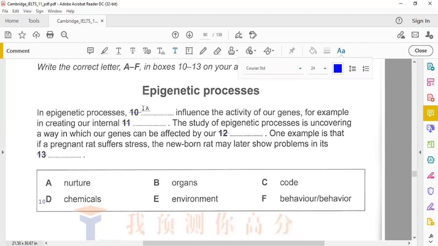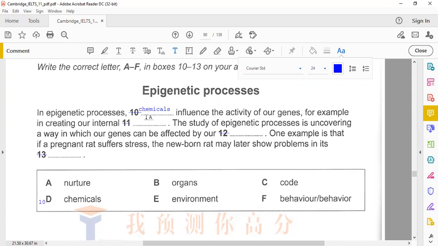The word is chemicals, and I will also write the letter D for you here.